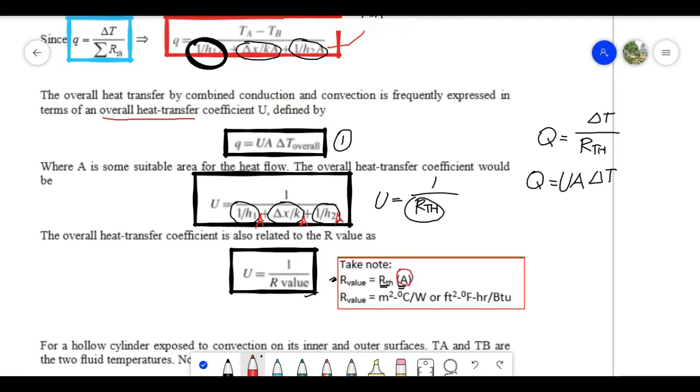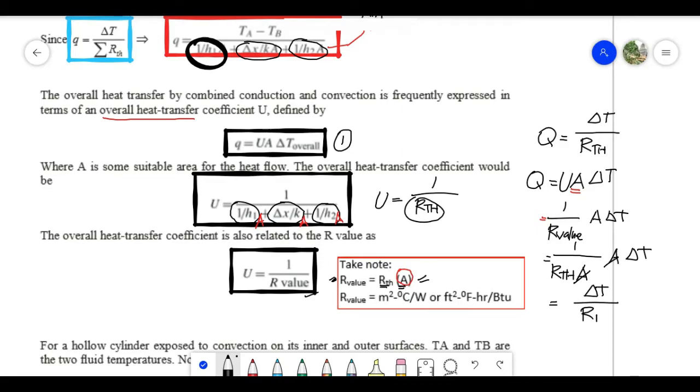That's why merong area po na nakasulat dapat dito sa ating equation dahil masabi rin natin na ang U is 1 over R value times A delta T, or pwede rin sabihin ulit natin na ang R value nga is 1 over R thermal resistance times A, which is galing po dito, times A ulit, delta T. And, pag kinancel natin yung A, babalik tayo sa dati equation natin na delta T over R thermal resistance.